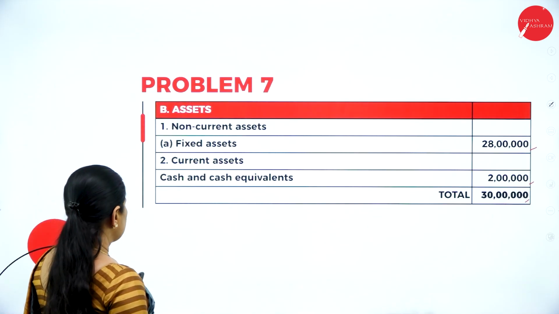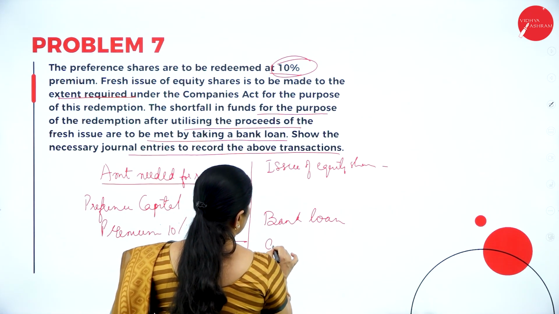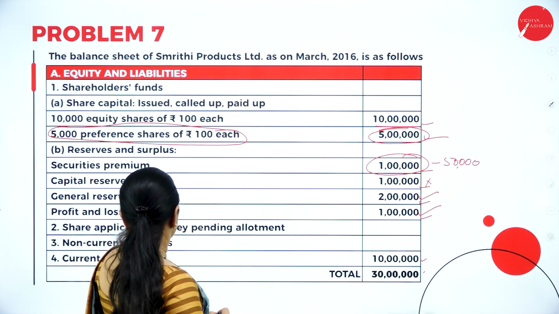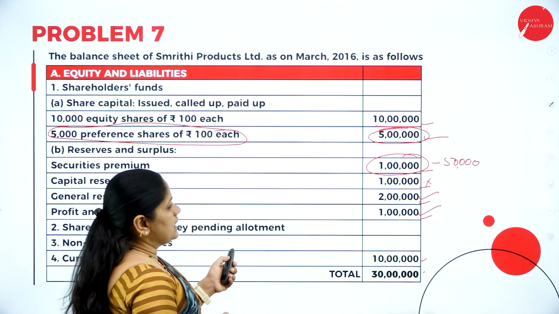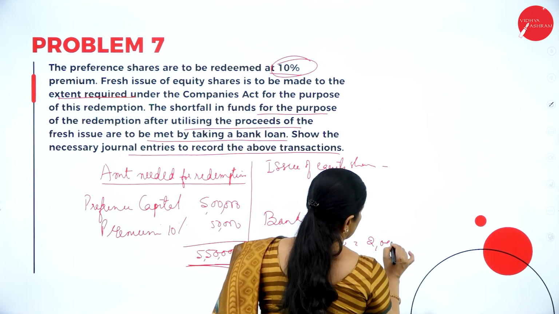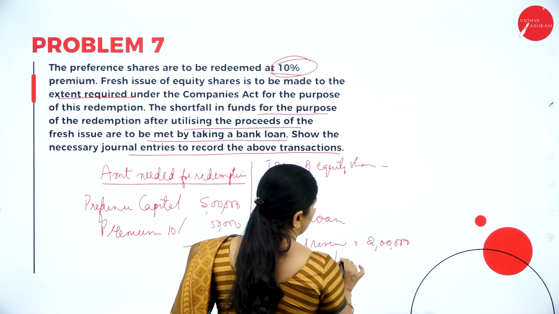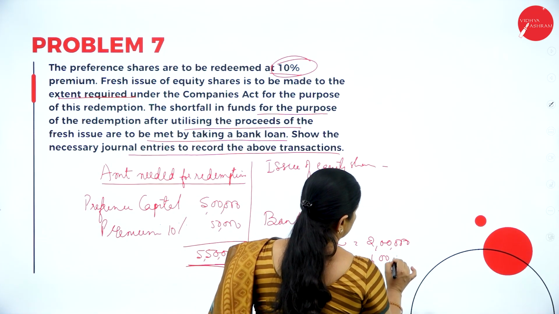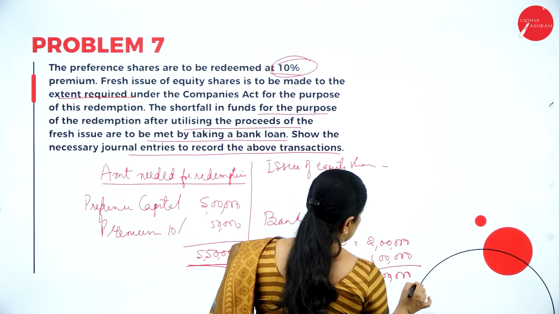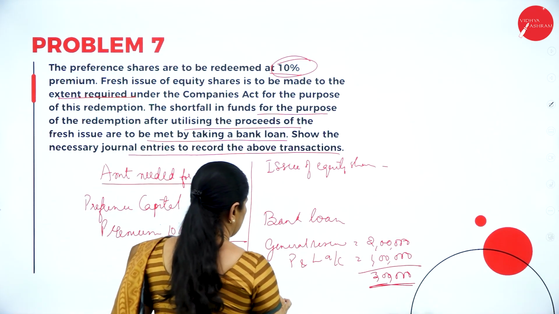So I will write here general reserve. General reserve, how much is it? General reserve is 2 lakhs, profit and loss account 1 lakh. So totally we have 3 lakhs here. But what is the amount needed for redemption?